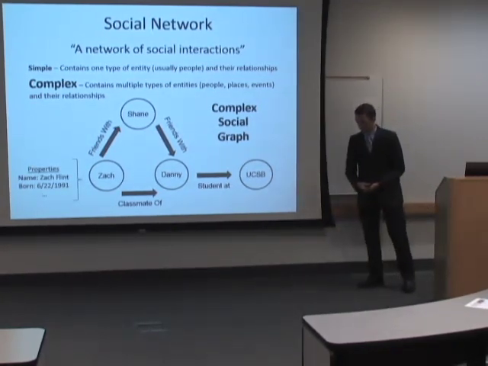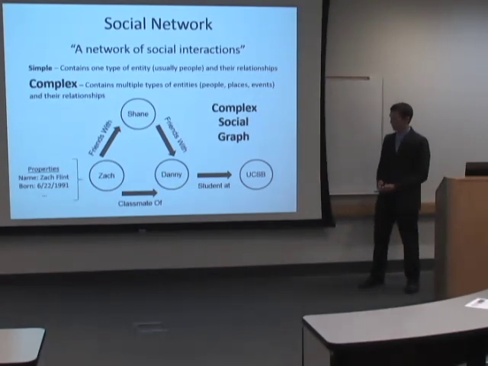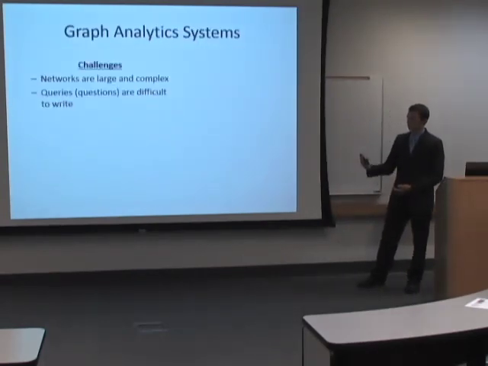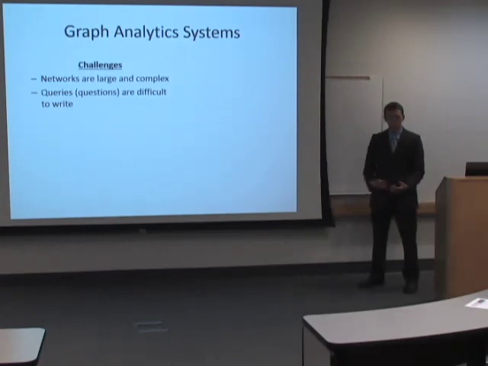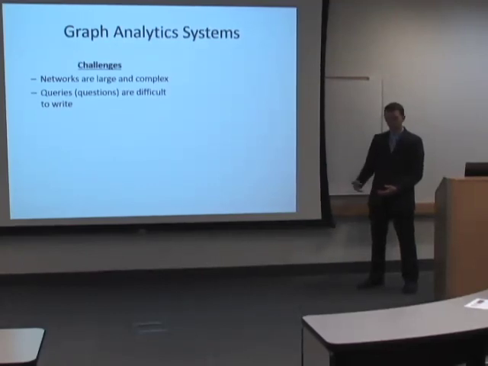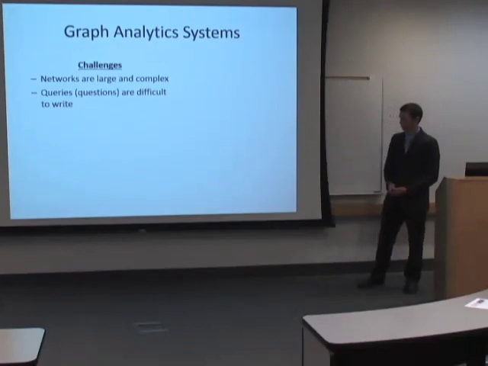And this introduces a number of challenges actually, because networks can get very large, very complex, very quickly, and if you want to get some information from the network, it can be difficult to ask a system a question that it understands what information you're looking for. The questions here, they're called queries, but they can be very difficult to write.